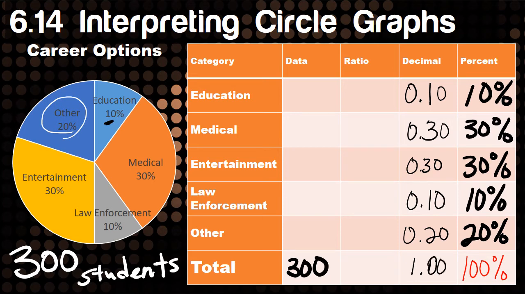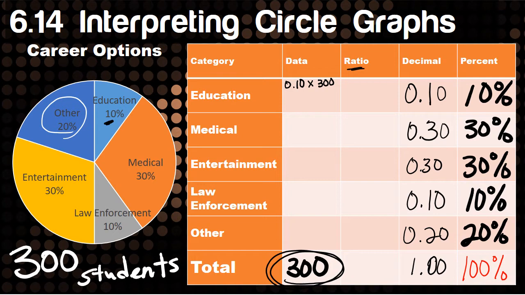When we figure out our ratio, we're going to save that for the end because we need some data first that's going to help us. In order to figure out how many people were in each category, we're going to take the decimal and multiply it by our total. Our total is 300.